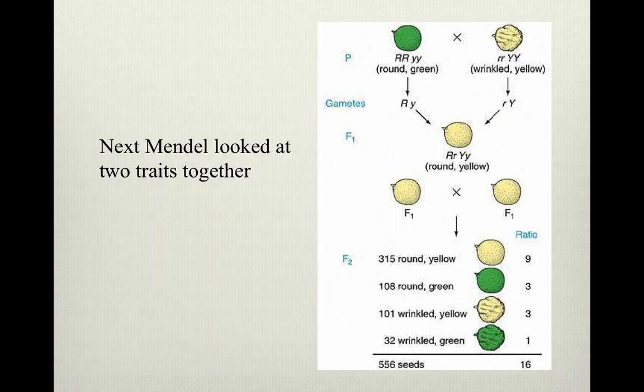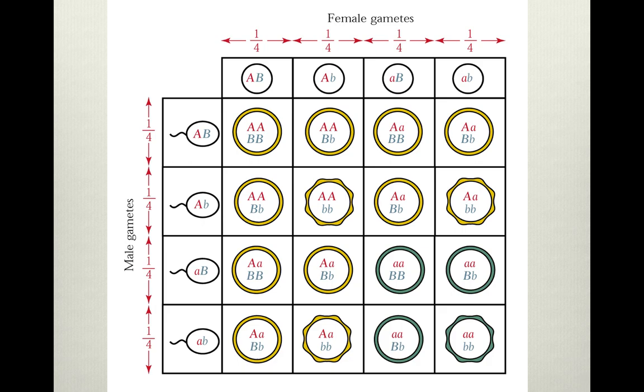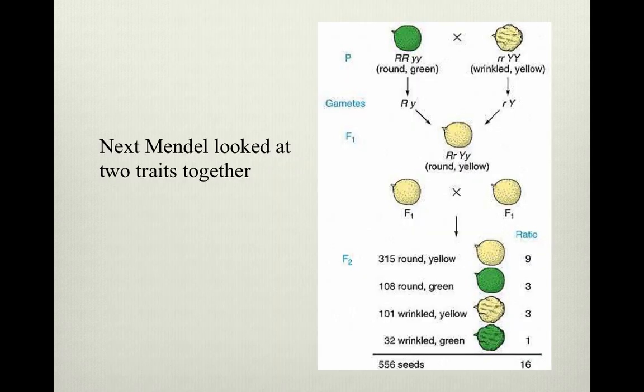Then Mendel looked at two traits together. We can draw our Punnett squares the same way, allocating your A alleles and your B alleles, and we get this ratio of phenotypes of 9 to 3 to 3 to 1.